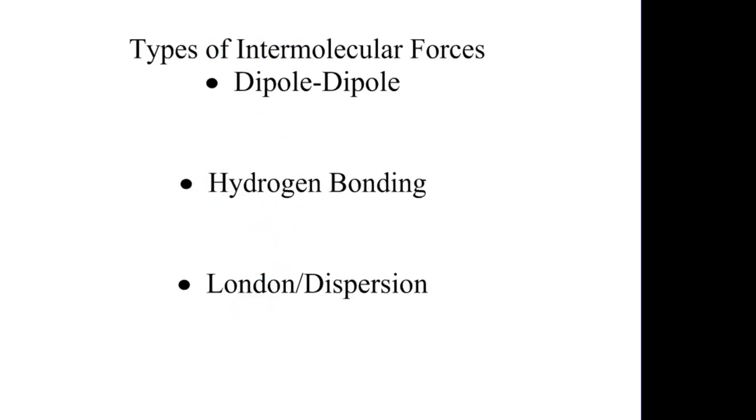Now, remember from class today that we discussed that there are three types of intermolecular forces: dipole-dipole, hydrogen bonding, which we know is sort of a misnomer. It's not really a bond. It's an intermolecular force, and London or dispersion forces. Dipole-dipole happens between two polar molecules.